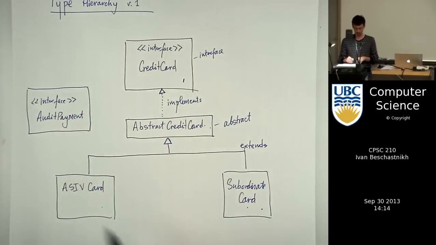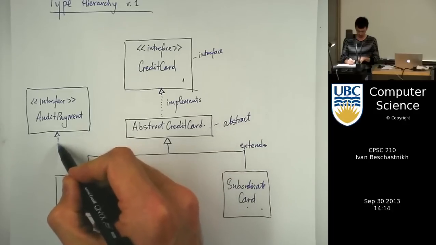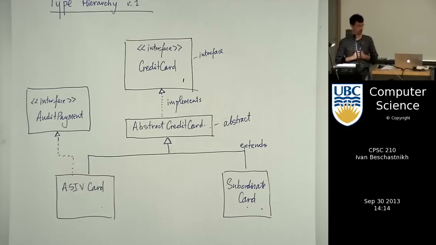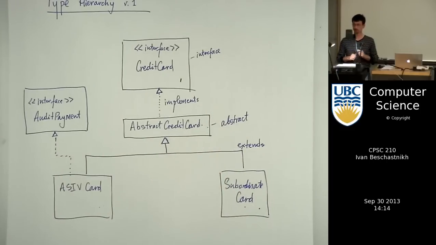And so now if I want my ASIF card to be auditable, I'll have it implement this interface. Again, the dashed line is the implements relationship. So that gives me a lot of flexibility, right?